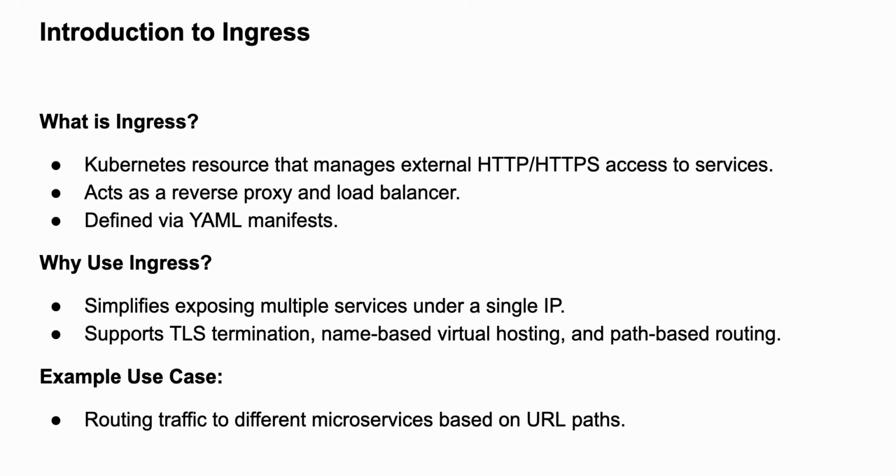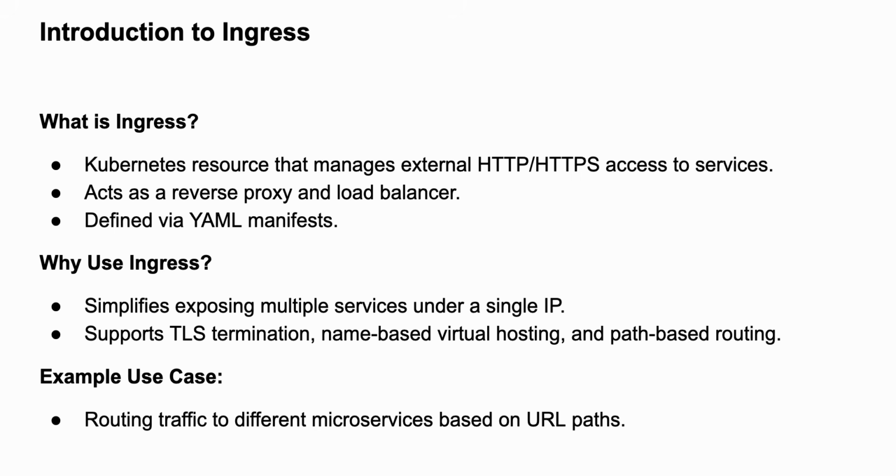So, introduction to Ingress. First, let's understand what is Ingress. It is a Kubernetes resource that manages external HTTP or HTTPS access to services. Suppose you have multiple services, but you do not want to use a different load balancer or different domain or host for each of the microservices.